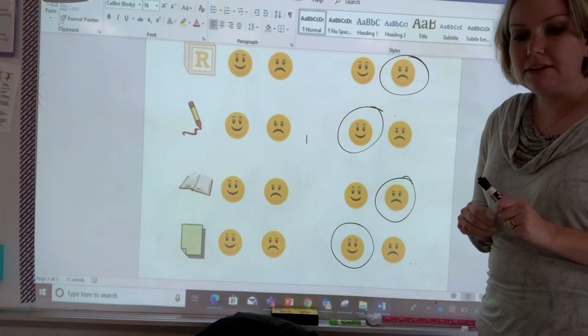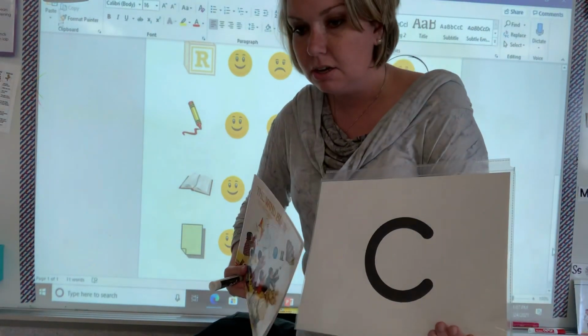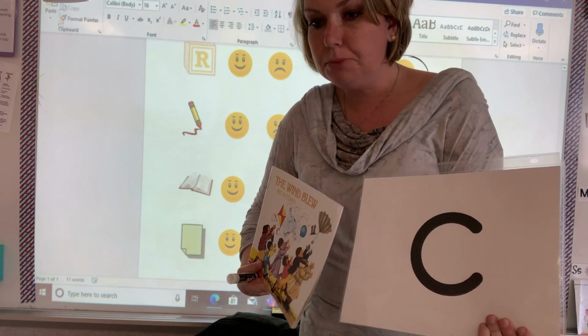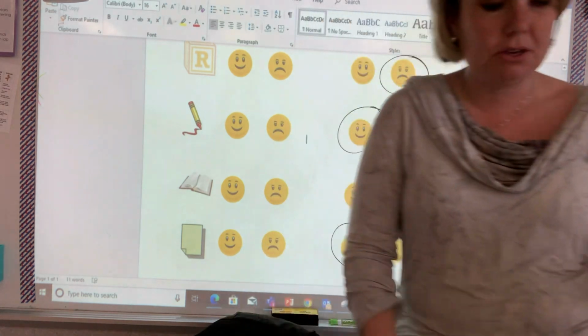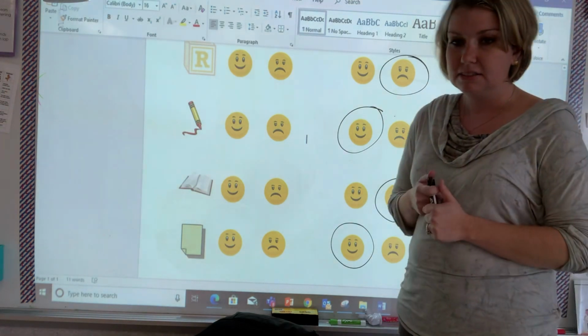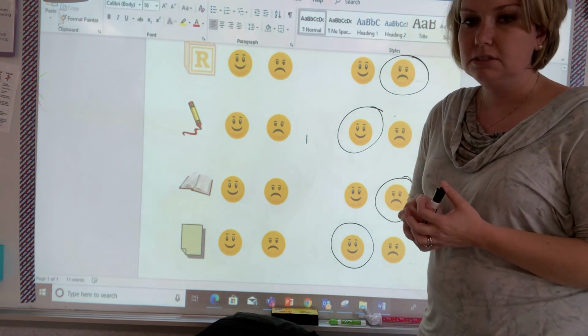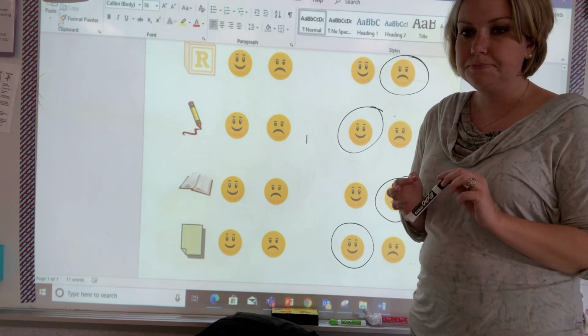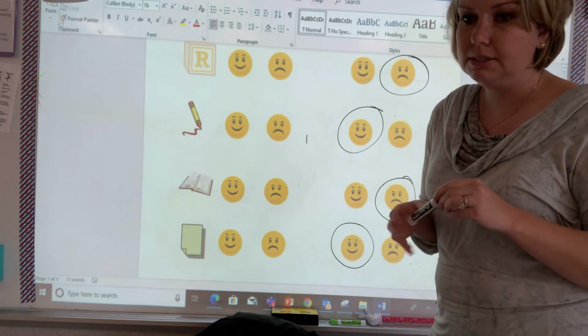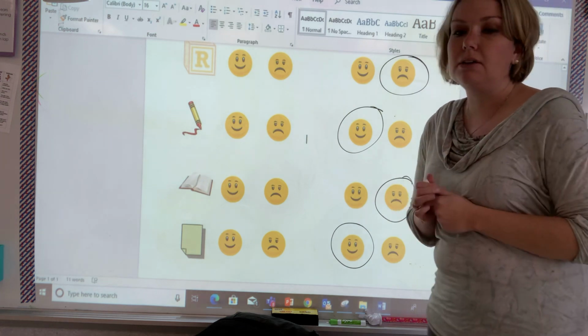Why do you think the paper is the same shape as my book, but my paper moved and my book did not move? Why is that? I want to call on a friend I haven't called on. Let's do Russell.